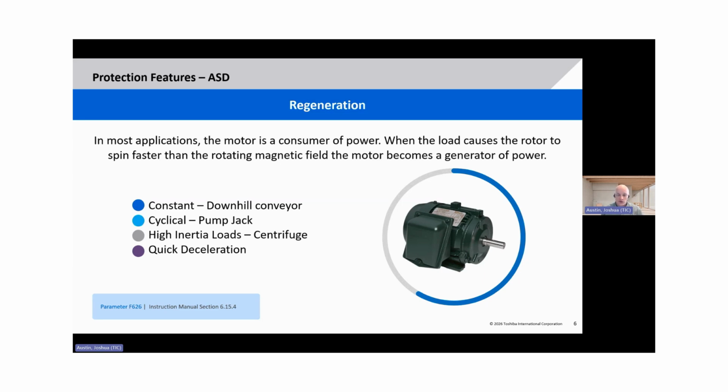But there are applications or maybe cycles in the application where the load is going to cause the rotor to spin faster than the magnetic field, and it's going to reverse that flow of energy, and so the motor becomes a generator of power. And so there's a list here of different applications where we may see that. A downhill conveyor, pump jack, centrifuge, or any other application where we may have a quick deceleration that's required.